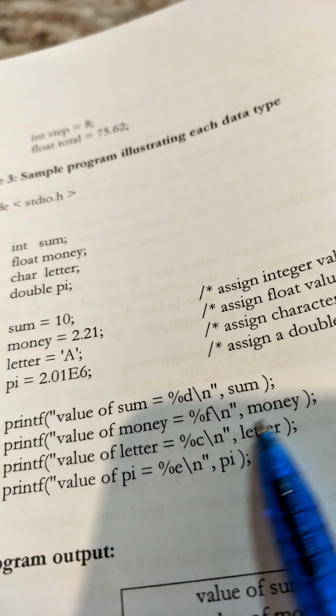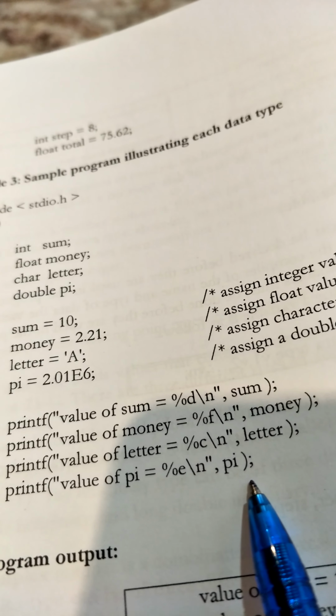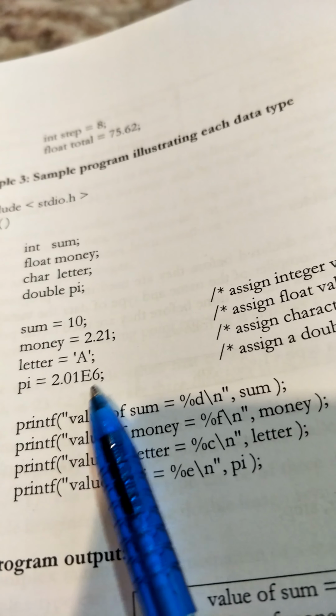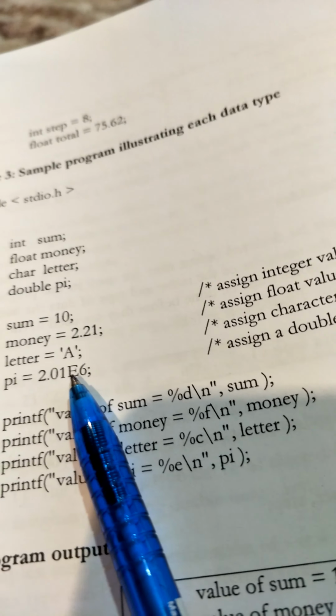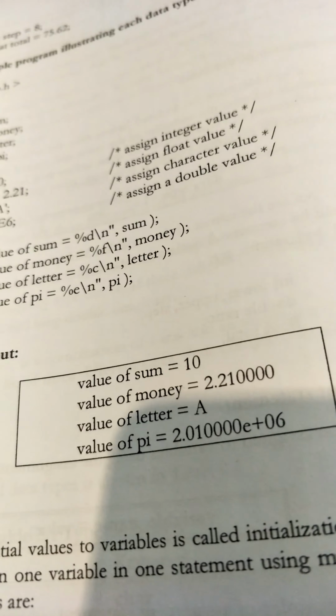For float we use f, for letter we use c, and for double we use e, because we write double in terms of exponent. So the output of this, if you compile, is what you have.